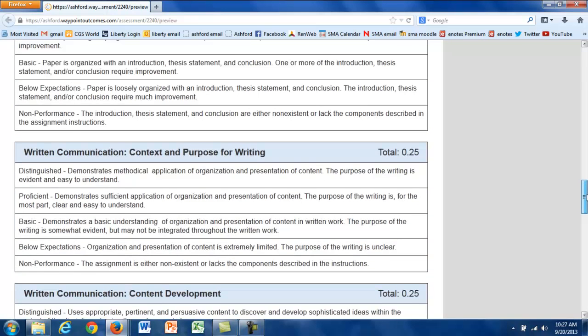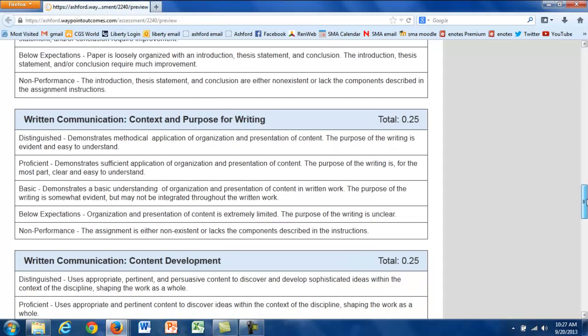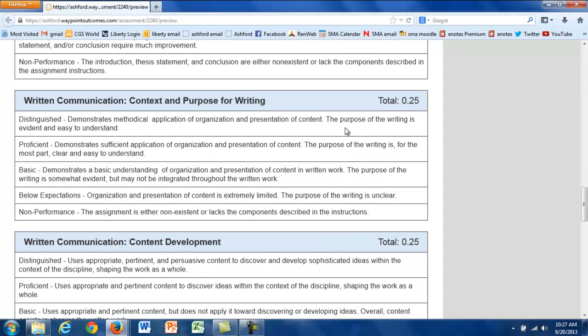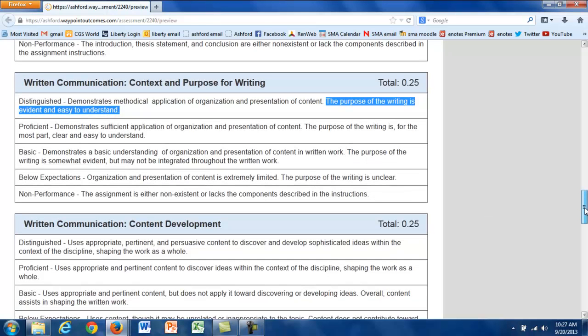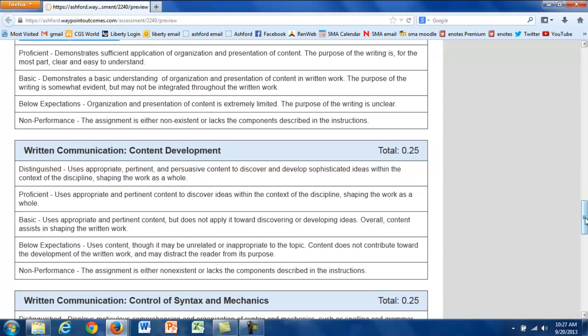And then the rest of the paper is devoted to sort of written communication. Is it easy to understand why you're writing this paper? You're analyzing a scene. You're not writing a poem to your girlfriend or boyfriend. Have you developed the content of the paper?